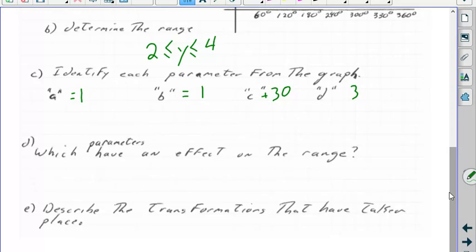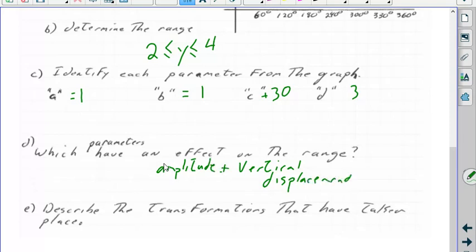But if A is 2, is that going to change the range? So we have 2 parameters. We have range and vertical displacement, not range, amplitude. So A and D.